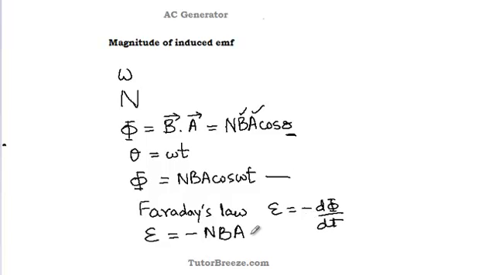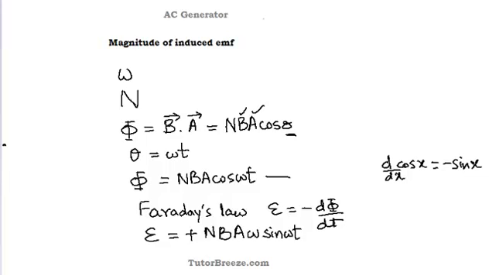So differentiating cos omega t, we get omega sin omega t with a negative sign, because the differentiation of cos x is negative sin x. So now the induced EMF becomes n B A omega sin omega t.